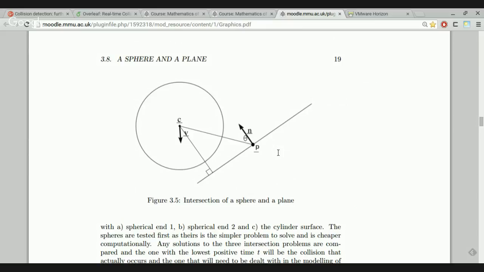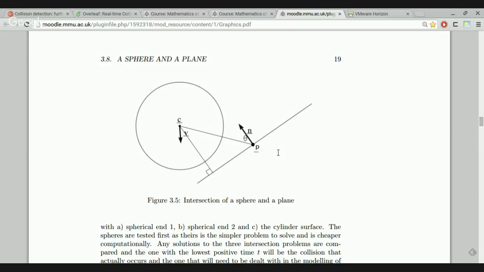Now, equally well, the normal vector could have been pointing in exactly the opposite direction. Because the meaning of the normal vector is the perpendicular direction to the plane, but that could be coming into the room, or my arm pointing out of it. So there's two opposite directions.